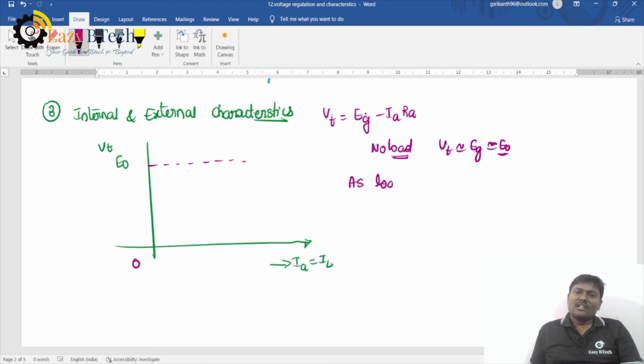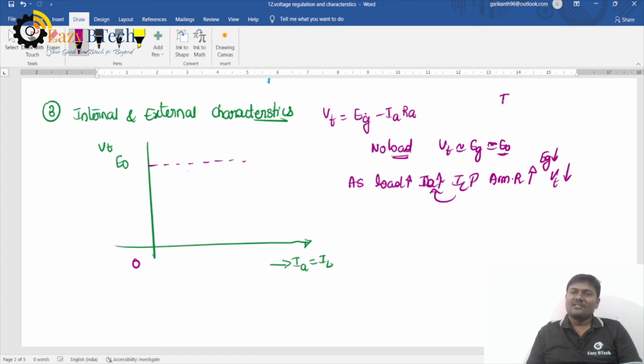As load increases, IA increases, that means load current increases, armature reaction increases, then the terminal voltage will decrease due to the decrease in generated EMF. Due to the decrease in generated EMF, the terminal voltage also decreases further.